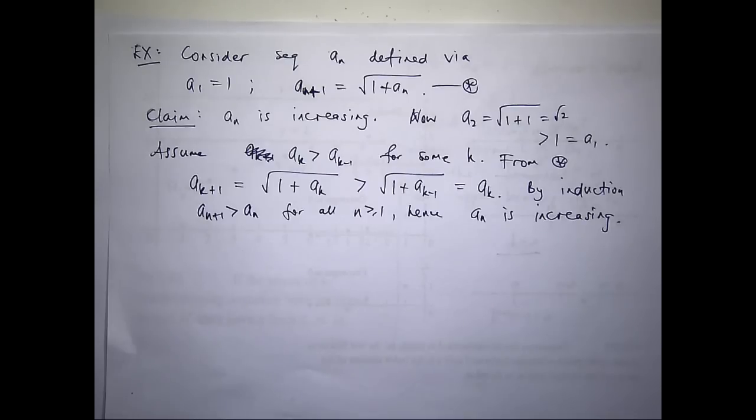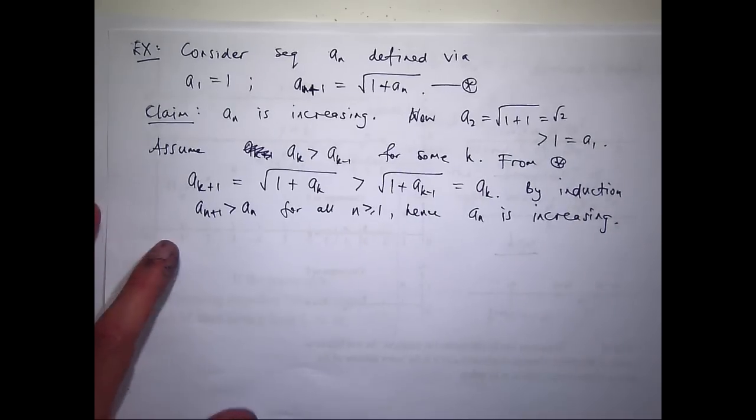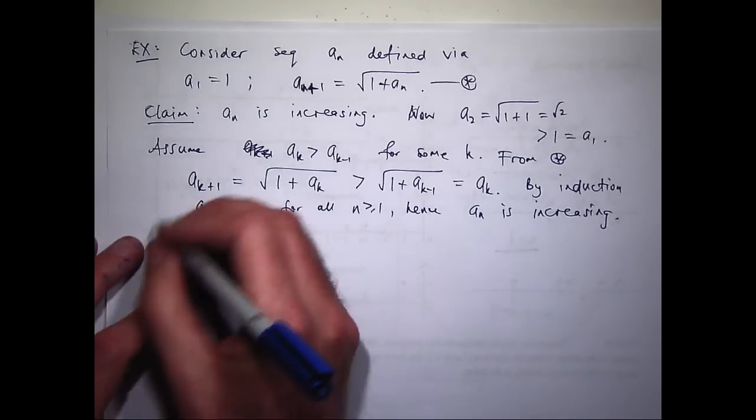Now, if it's increasing, what I would like to do is show there's an upper bound for every A sub n. Okay? Now, it can be tricky choosing the upper bound here. And sometimes you have a bit of a hint.